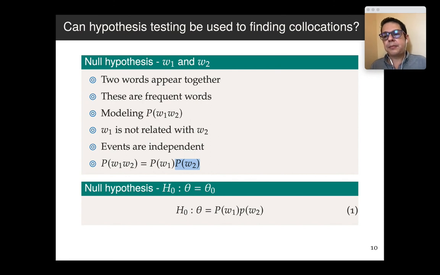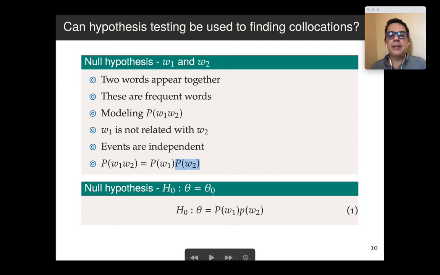But normally we can relax this and say, I know that formally they are not independent, but what if they were independent? Let's imagine that they were independent, and let's look for some pairs of words that are more dependent than the others.